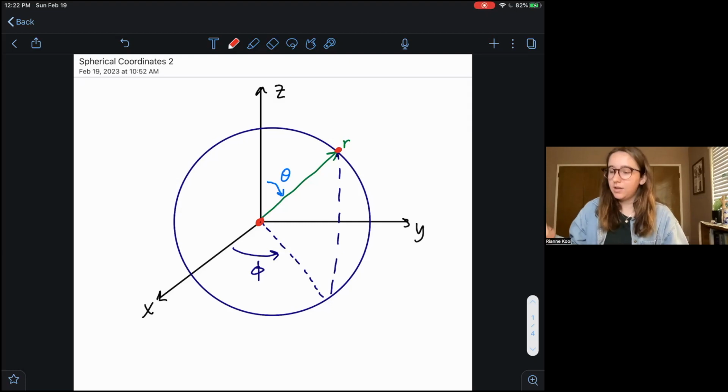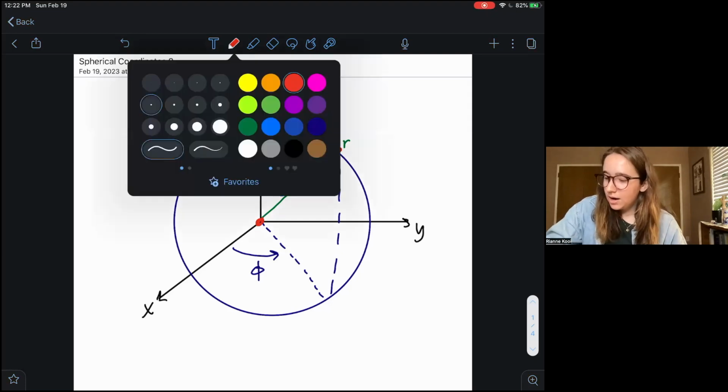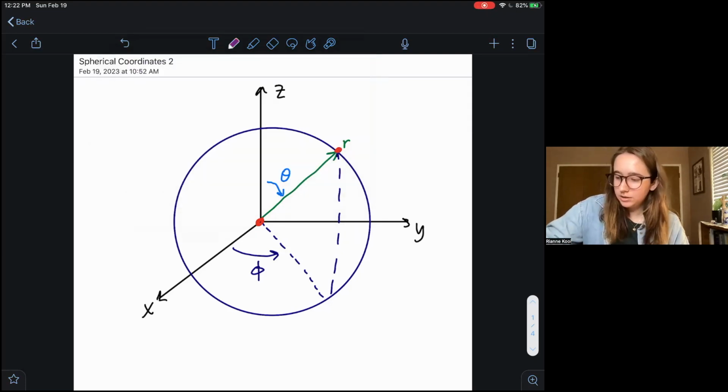So again, as a reminder, r can go from 0 to whatever the big radius is, the radius of your sphere that you're creating when using spherical coordinates.